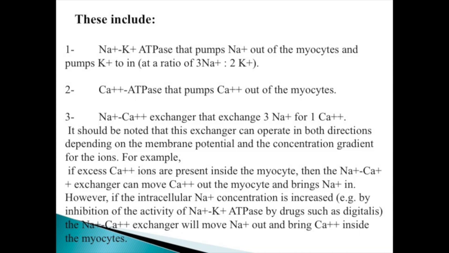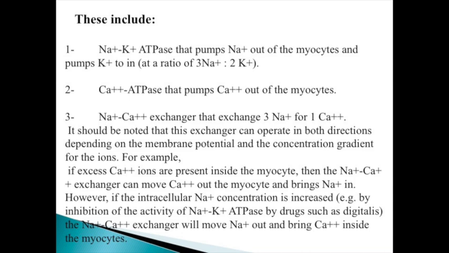Number two, we have the calcium ATPase pump that pumps calcium out of the myocytes to prevent the accumulation of large amounts of calcium in the cell. In the meantime, we have a sodium-calcium exchanger that exchanges 3 sodium for 1 calcium.